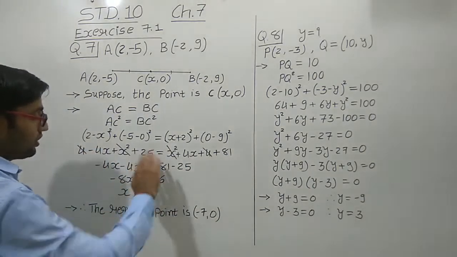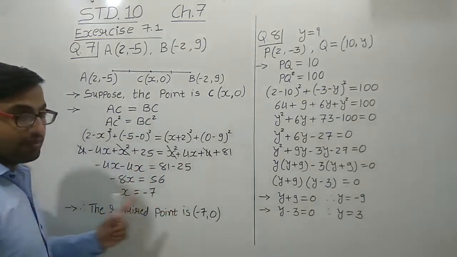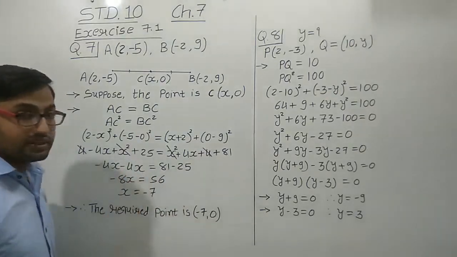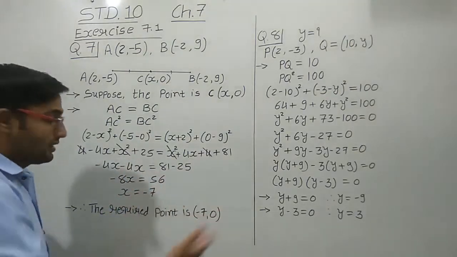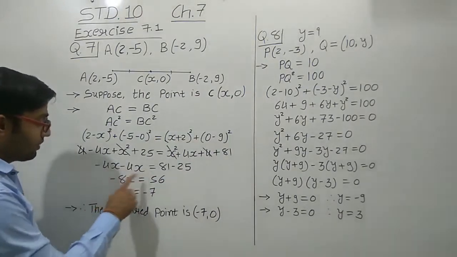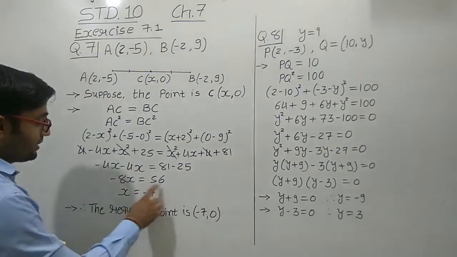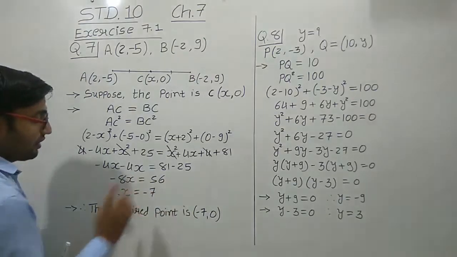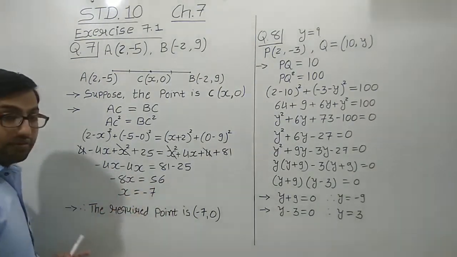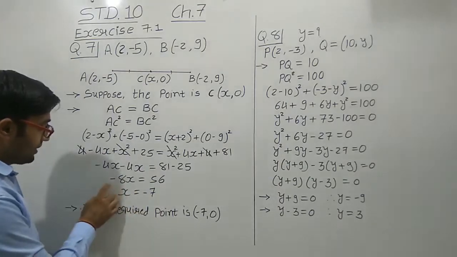By taking this 25 to the right hand side, it will now become minus. So 81 is already there, and this 25 is now minus, so 81 minus 25 on the right hand side. So now here we will get minus 8x is equal to 81 minus 25, that is 56. So by dividing by 8, we get minus 7, because the minus sign is there.